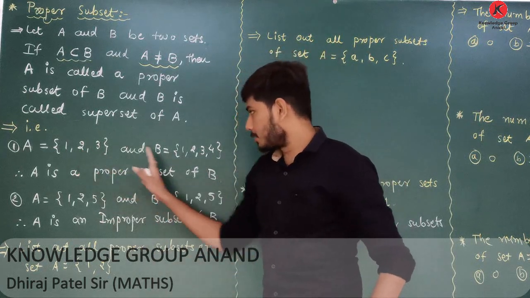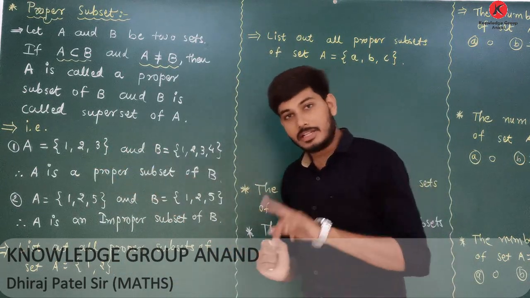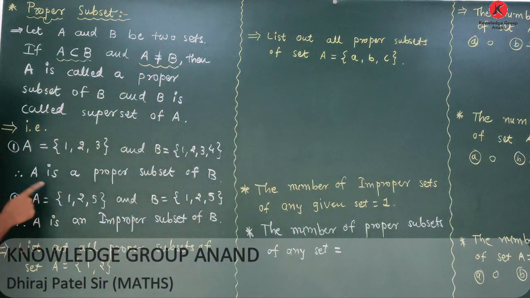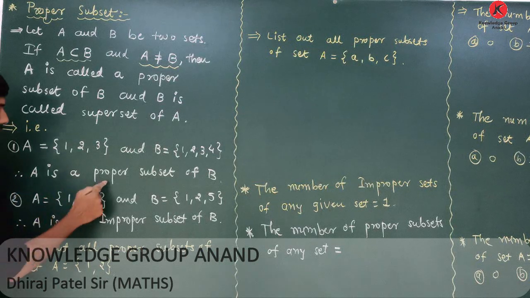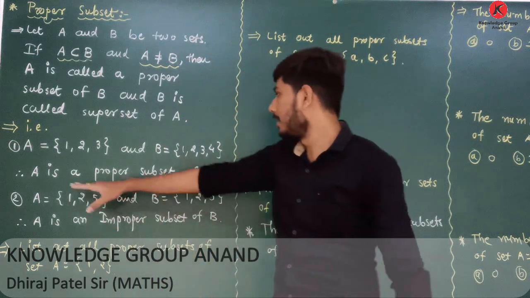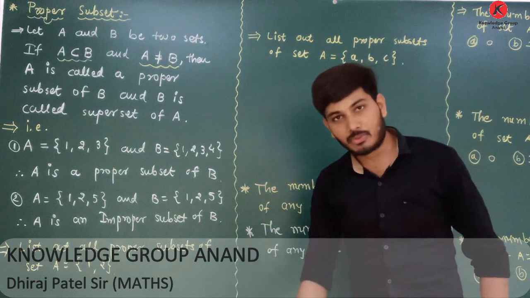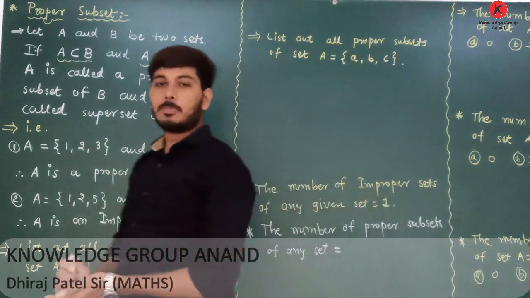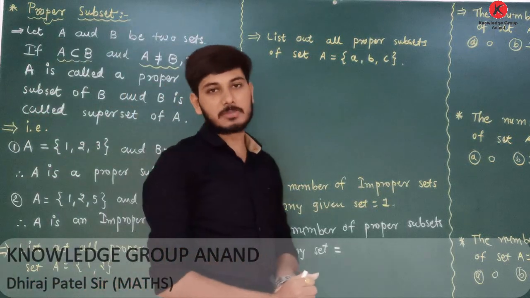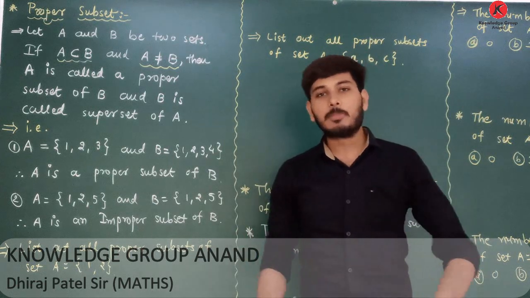First, A is a subset of B and A does not equal B. Then we can say that A is a proper subset of B. If A is not a proper subset of B, then we can say that it is an improper subset.